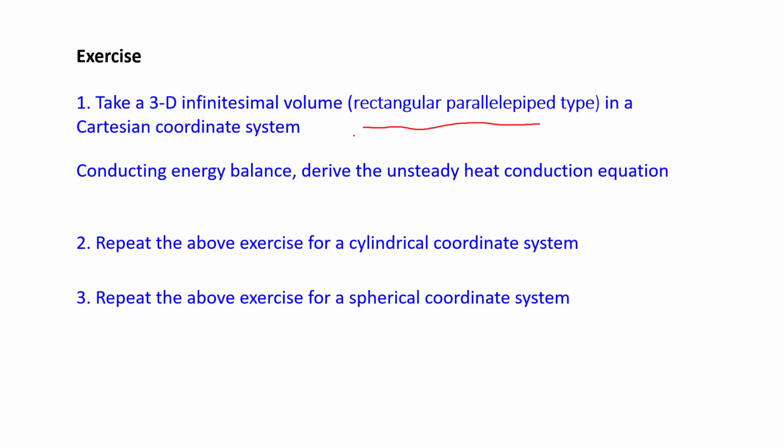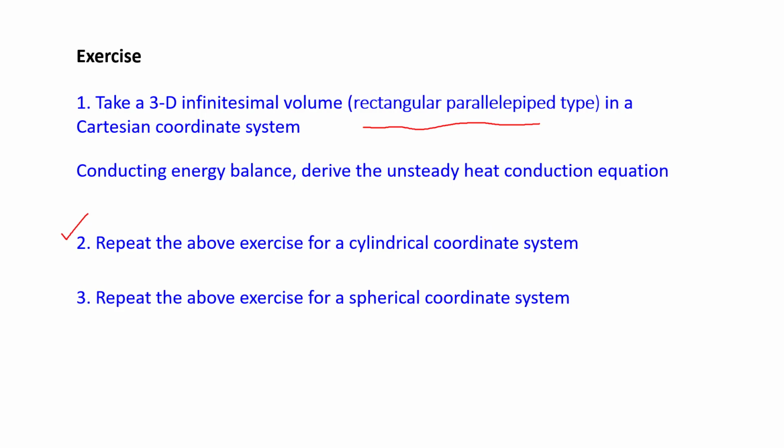This is the most general way of deduction, and when you take a regular volume, that is kind of a particular way. Once you are okay with this exercise in Cartesian coordinates, you go to a cylindrical coordinate system and you do the same thing. You derive the energy equation for a cylindrical coordinate system.